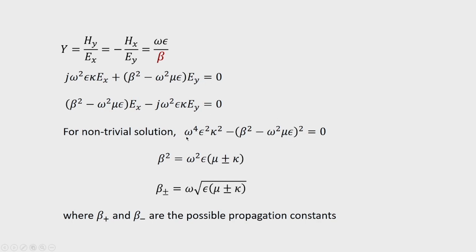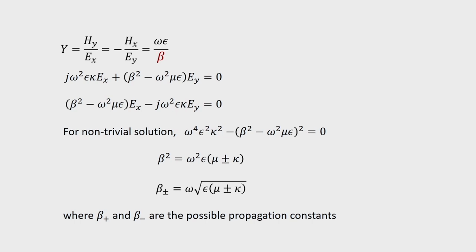So, from this condition, if we solve for beta, we get two possible propagation constants. We denote them by beta plus and beta minus. So, beta plus will be omega root epsilon times mu plus kappa, and beta minus will be omega root epsilon times mu minus kappa.